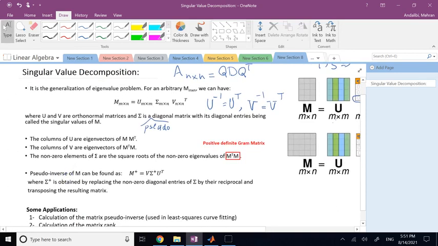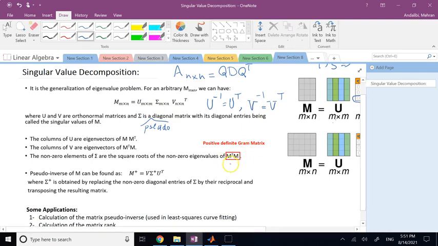Now, how do we calculate these? Well, we know that for a square matrix we can calculate eigenvalues, but not for rectangular matrices.